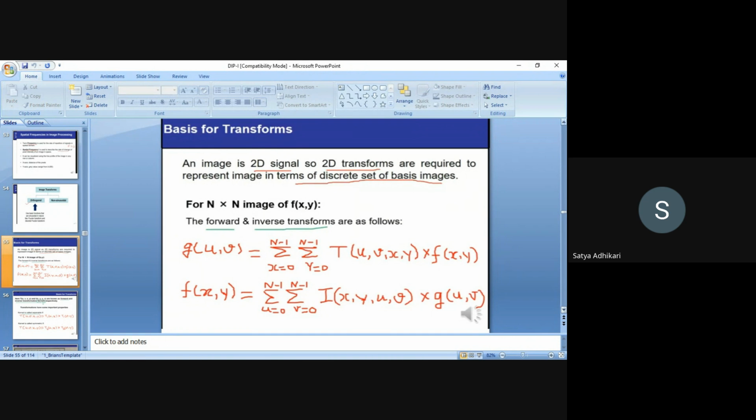Similarly, using the inverse transformation, we will get f(x,y) from g(u,v), the new form after applying forward transformation. The inverse transformation works exactly opposite to the forward transformation. It will return the original form. You see here, f(x,y) is the original, where I(x,y,u,v) into g(u,v) is your transformed form.